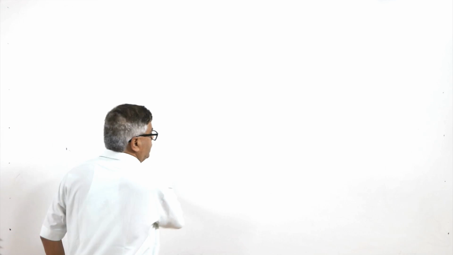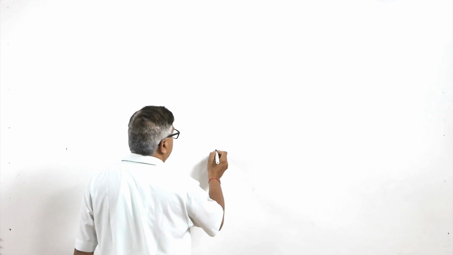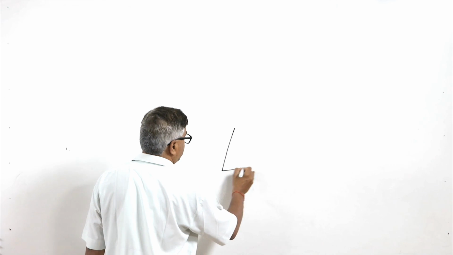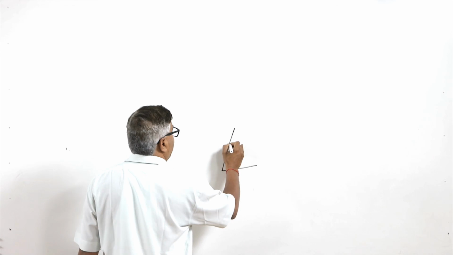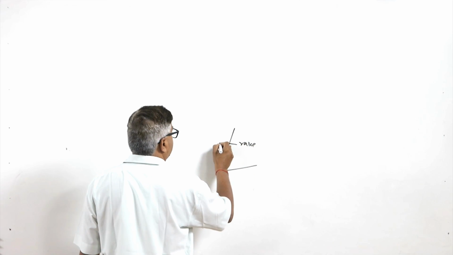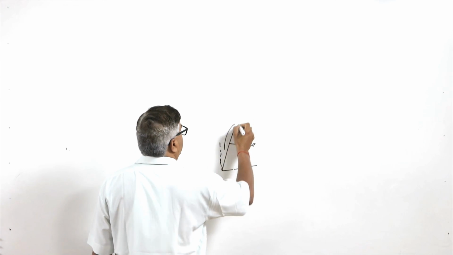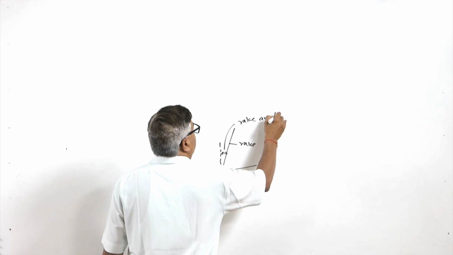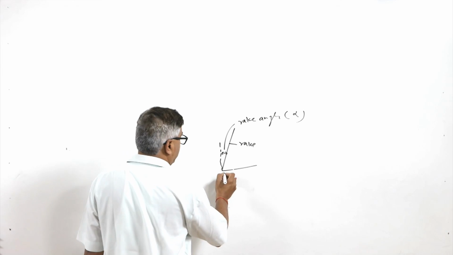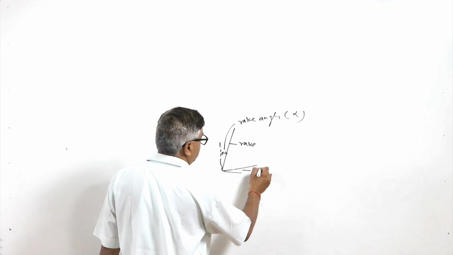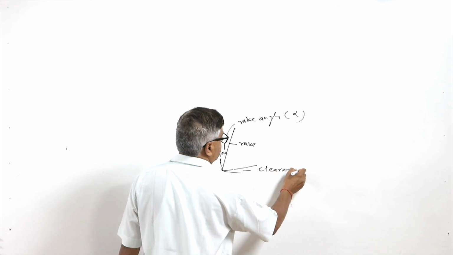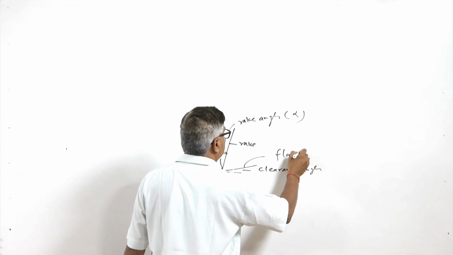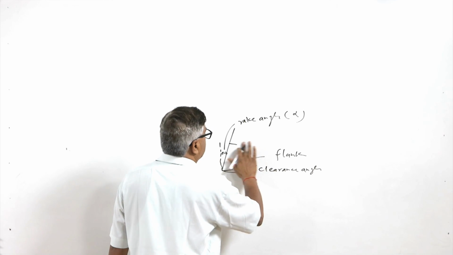Now, we will see how the material is removed. So, say this is the single point tool, and this is the rake face of the tool, and this angle is termed as the rake angle, as I have just mentioned. Rake angle is normally expressed using alpha, and this is the clearance angle, and this is the flank.